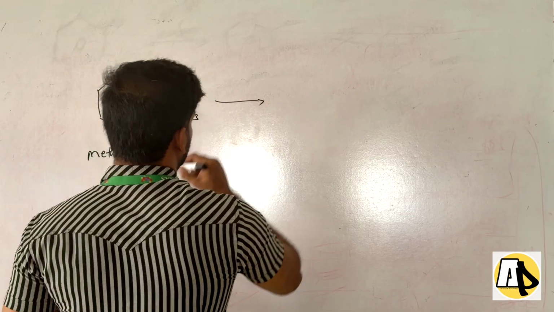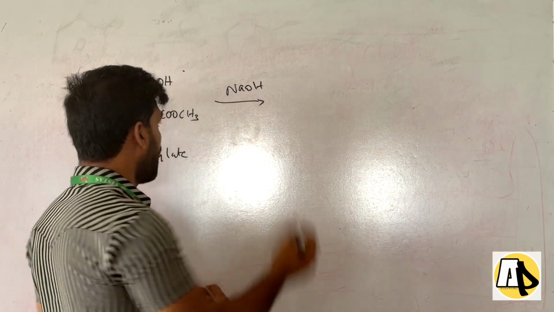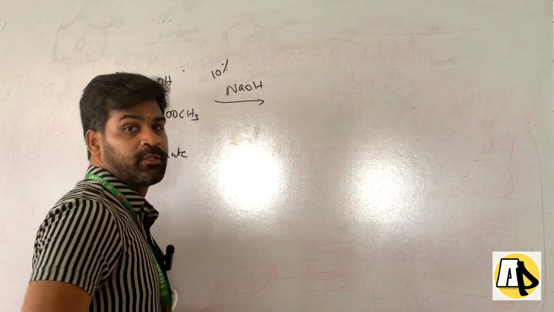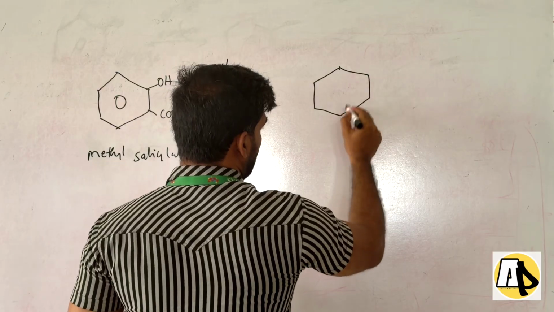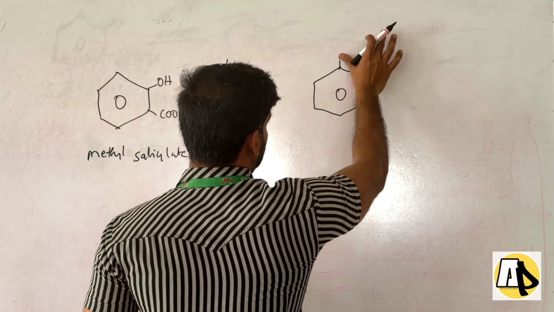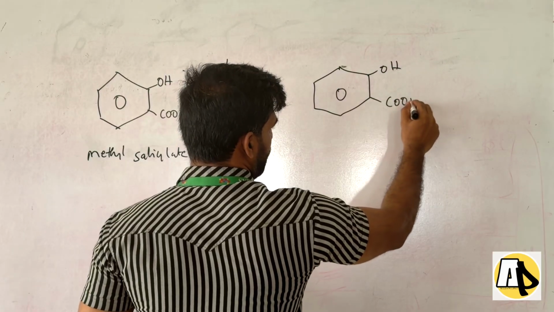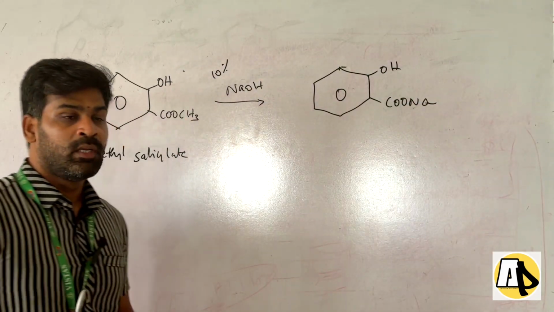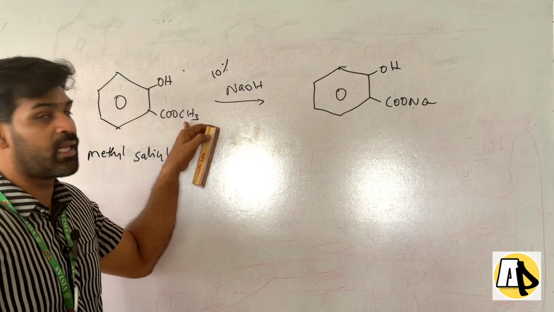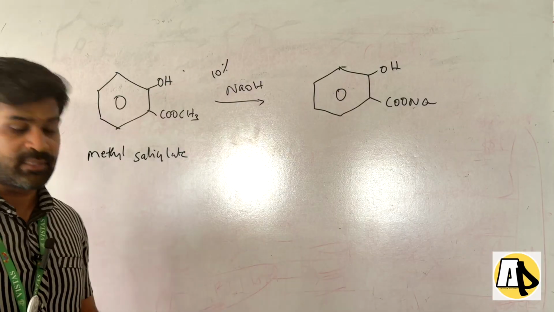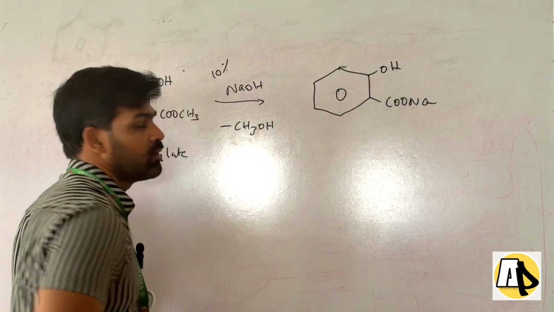So when methyl salicylate is heated with NaOH, ideally 10% NaOH, this forms a sodium salt of salicylic acid. The esterified methyl group comes out as a byproduct, methanol.